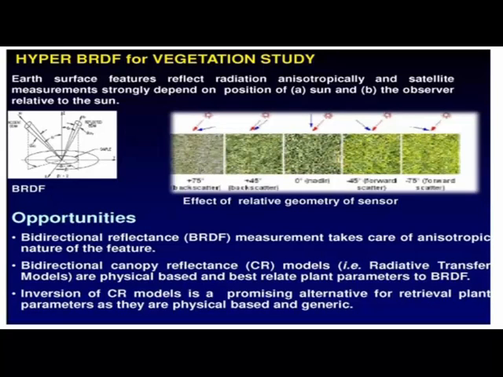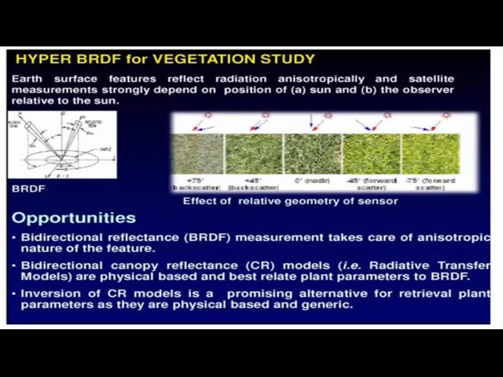But in the case of a radiative transfer model, all the physical understanding is used: how radiation comes from the source to the target, how it interacts with the target, meaning the plant, goes down to the soil, reflects back to the canopy again and goes to the sensor. All those basic principles are understood, and based on that one can look for parameter estimation.